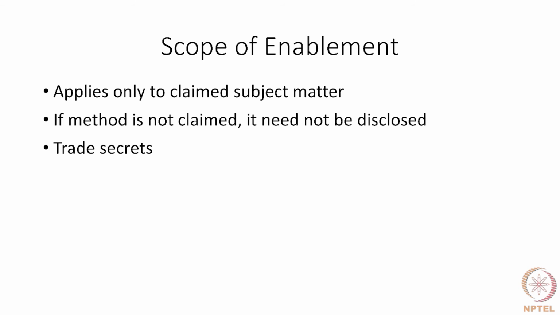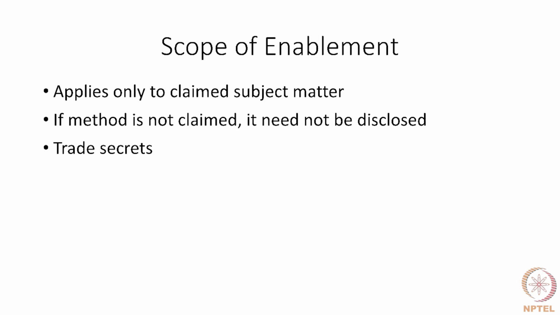Because earlier, before patent law came into effect, we had only the trade secret regime, which means people used to keep their invention as a secret so far as they could do it, because there were some technologies which could be reverse engineered and which could not be kept as a secret. But if the technology allowed you to keep it as a secret, the person keeps it as a secret.